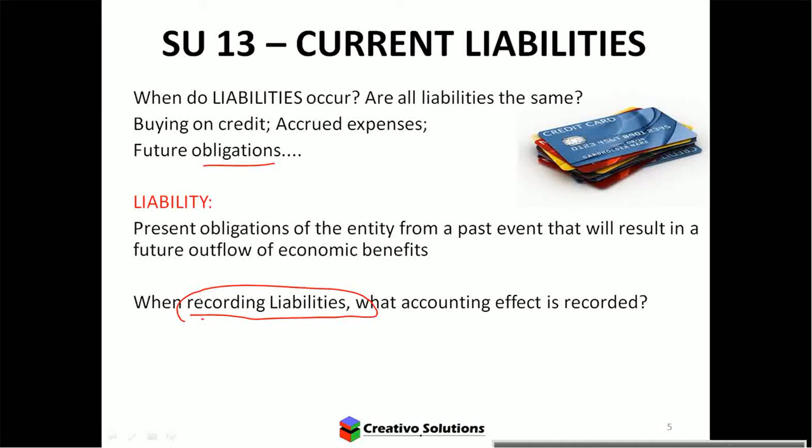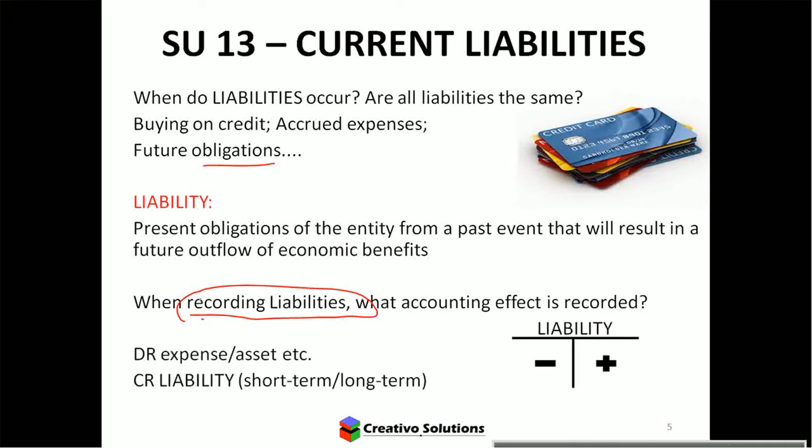So you debit or credit? You'd have to credit it, exactly. So the rule stays the same. You can't change that. I'm going to have a liability. It'll either be long-term or short-term. So I'll call it a loan, or I'll call it creditors, or I'll call it something. But then I'm going to be financing or buying assets or paying for expenses, depending on what it is. Right, so that's the definition in terms of assets and liabilities.